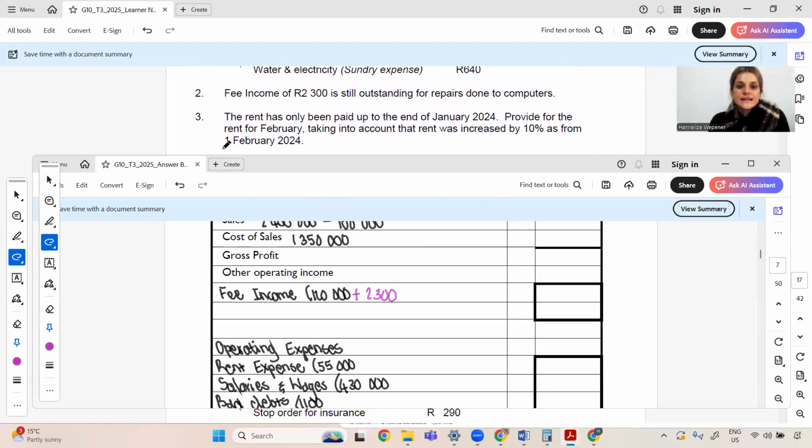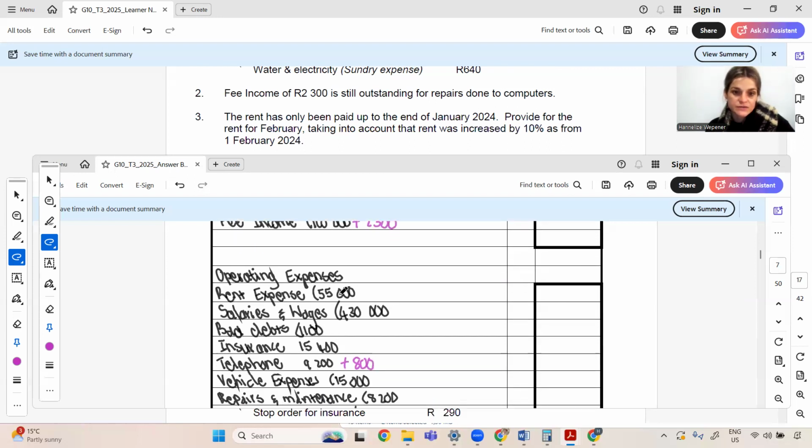Right. The rent has only been paid up to the end of Jan 2024. So in other words, you have only included in your financial records the rent up until Jan 2024. Your financial year ended on the 28th of Feb 2024, which means that if you look at your rent expense of 55,000 Rand, that is only for 11 months.